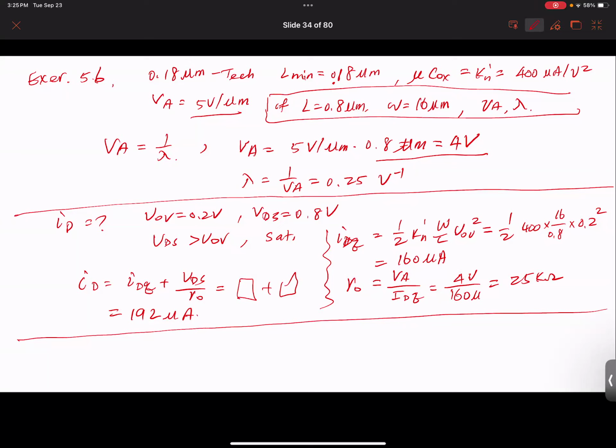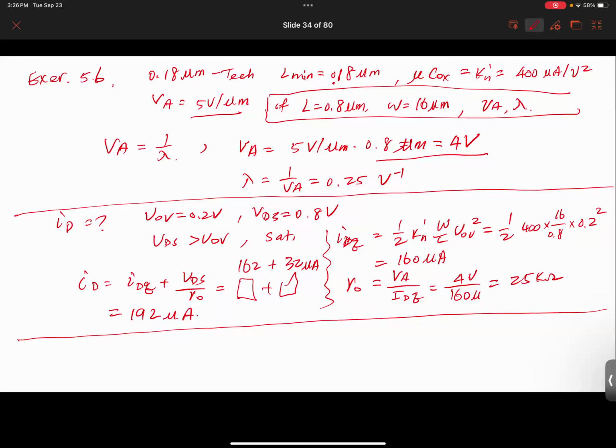VDS is given at 0.8. So this is 0.8 divided by 25 kilo ohms. That gives you 32 microamps. So this gives you 160 plus 32 microamps. So the final solution is 192. So we got the solution correct.